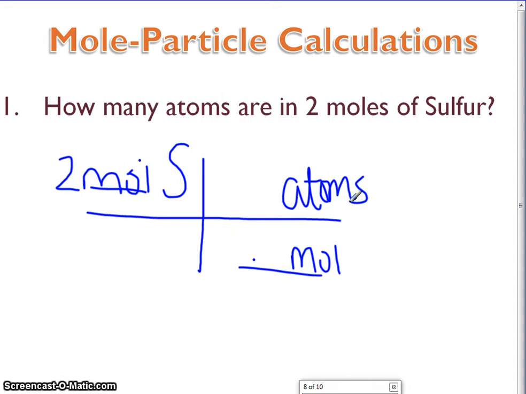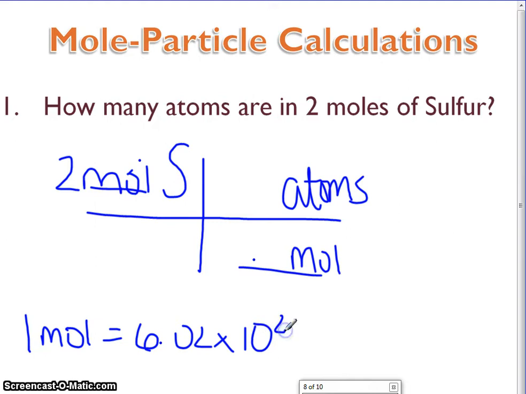Okay, so now what I have to think of is, what's my ratio between atoms and moles? You have to remember 1 mole of anything is going to be 6.02 times 10 to the 23rd of that thing. So on top, with atoms, we'll have 6.02 times 10 to the 23rd atoms is going to be equal to 1 mole.